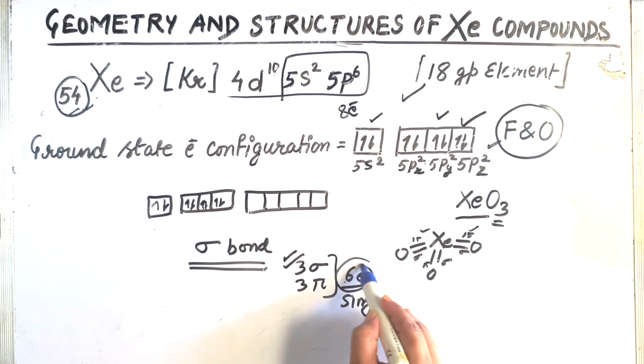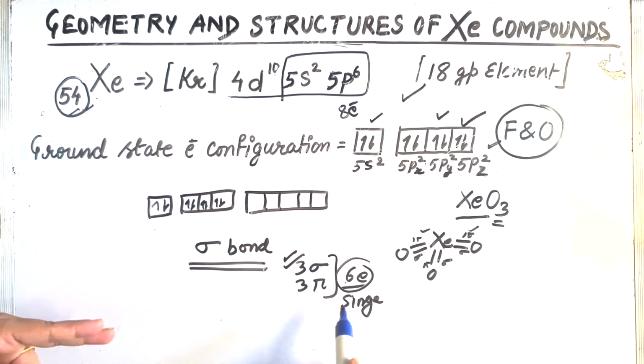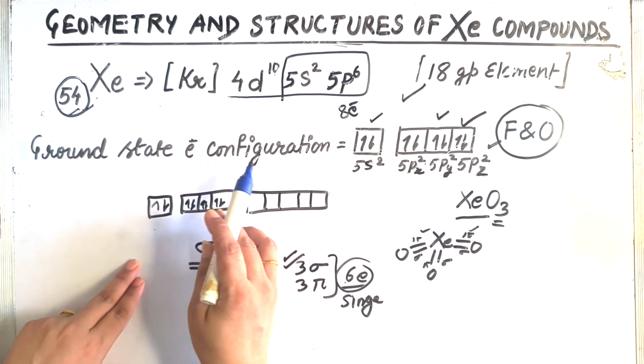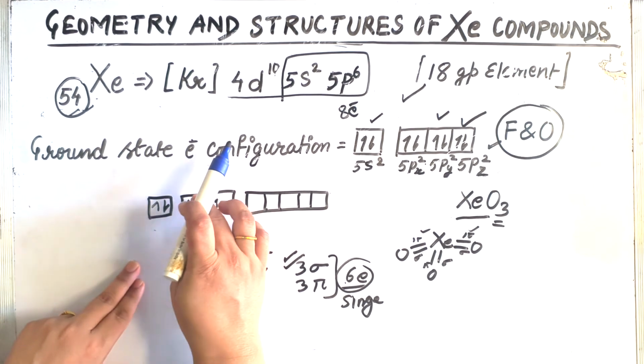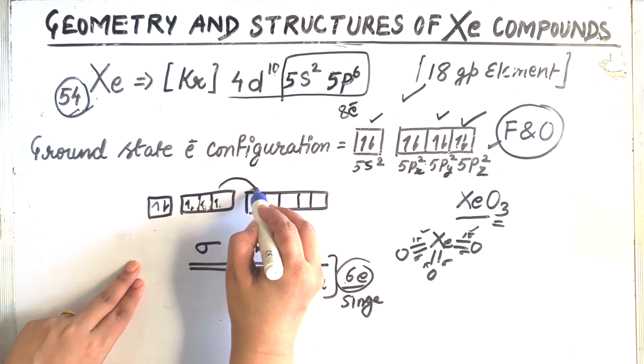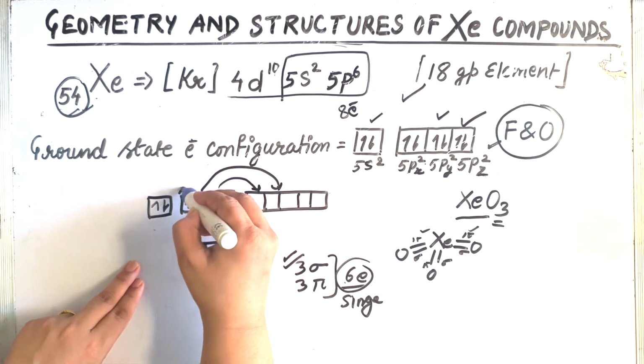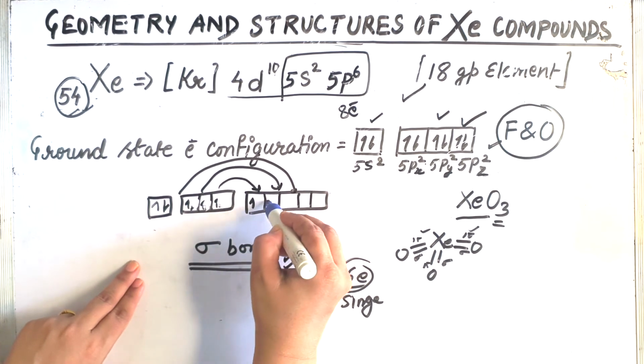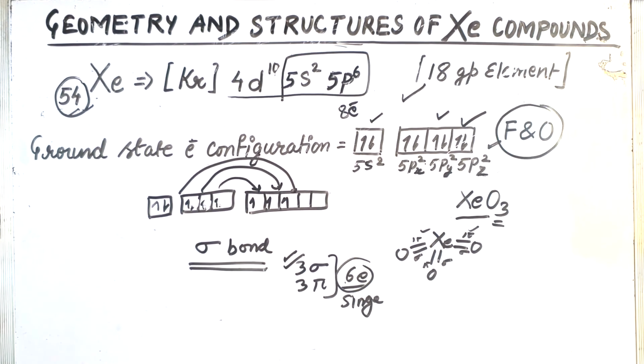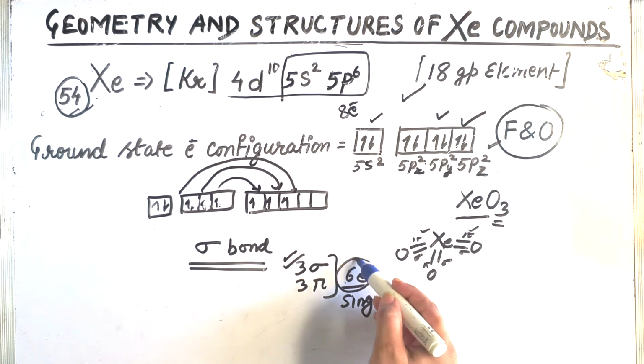Because I need 6 orbitals to be singly occupied, I am going to jump 1, 1 and 1 electron from here to here, from p to d. So this is the configuration we wanted, because we wanted 6 single electrons.